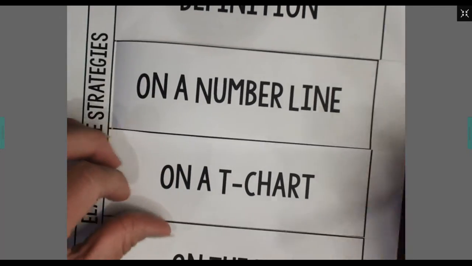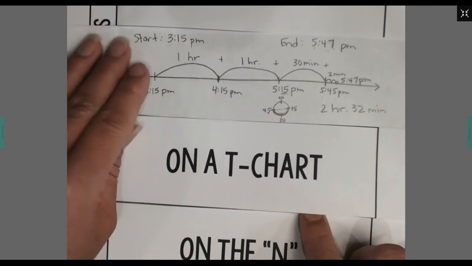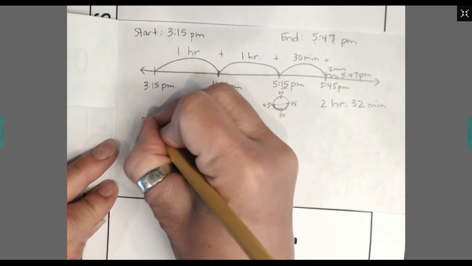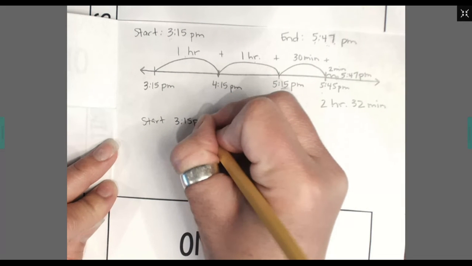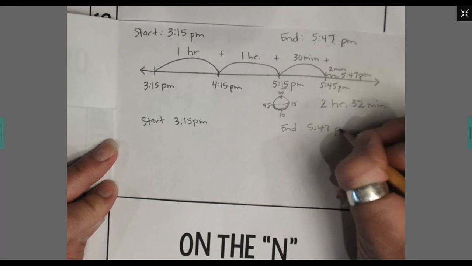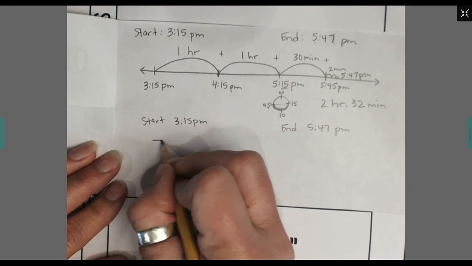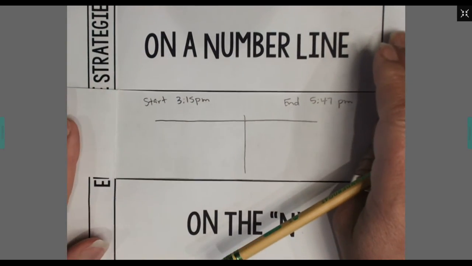Next, we're going to do the on a T-chart strategy using those same times. So our start is 3:15 and our end is 5:47. And we're going to use that T-chart. So we make a T-chart. I'm going to close that so you can't see the answers.